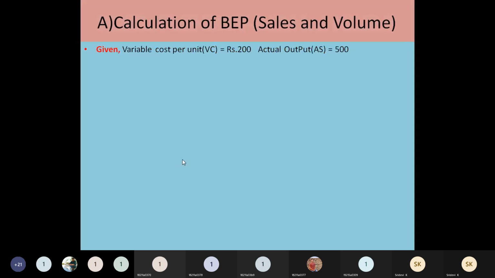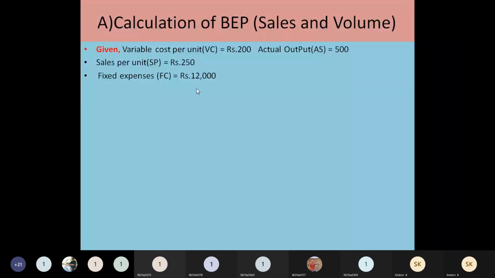Variable cost per unit I am showing in short as VC and actual output as AS. I am going to use these shortcuts while calculating the profit. Sales per unit is SP, which is given as 250, and fixed expenses as FC, 12,000.